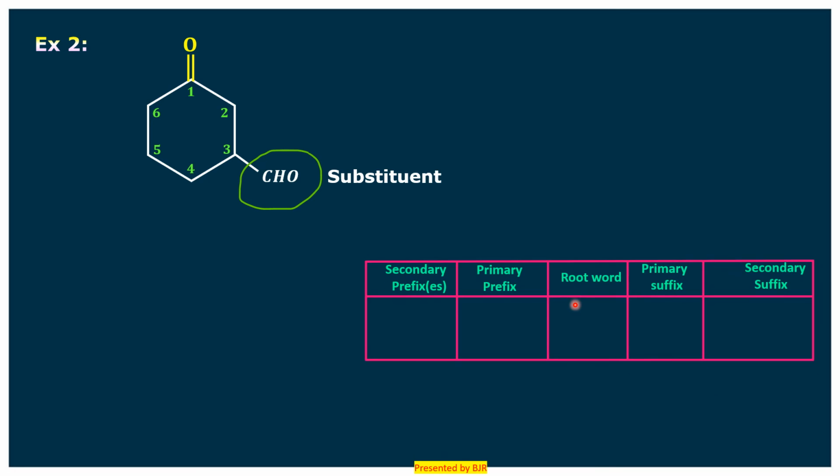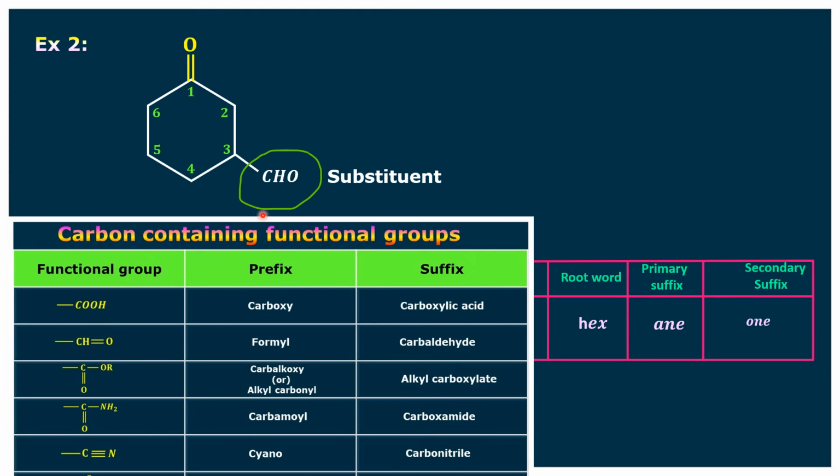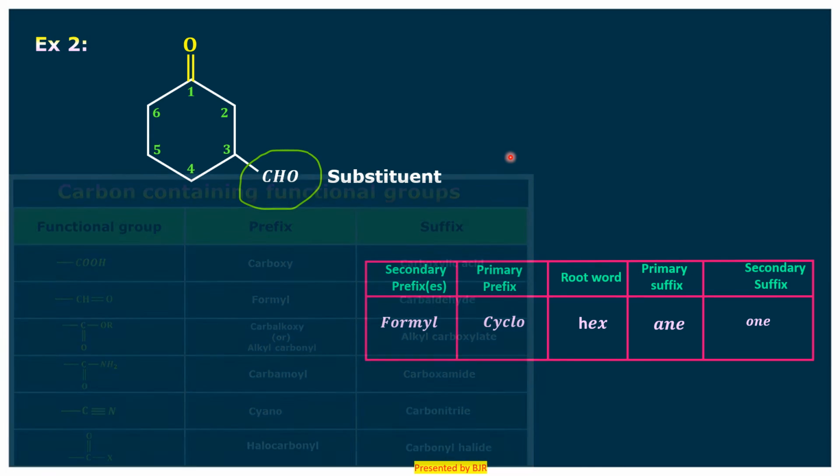Root word: the ring contains 6 carbon atoms, so the root word is hex, primary suffix "-ane", primary prefix is cyclo, and secondary suffix is "-one". C double bond O means "-one", and here CHO is used as the substituent, so the prefix is "formyl".